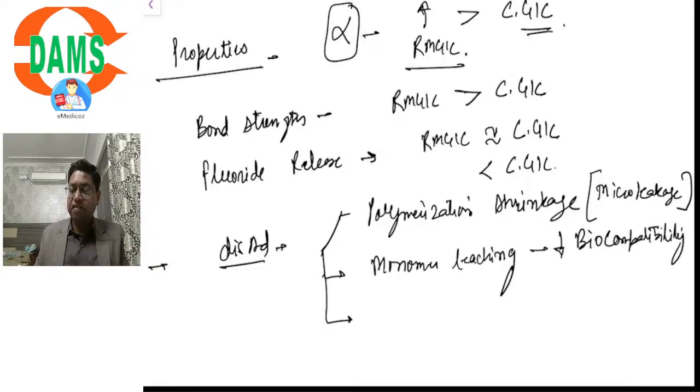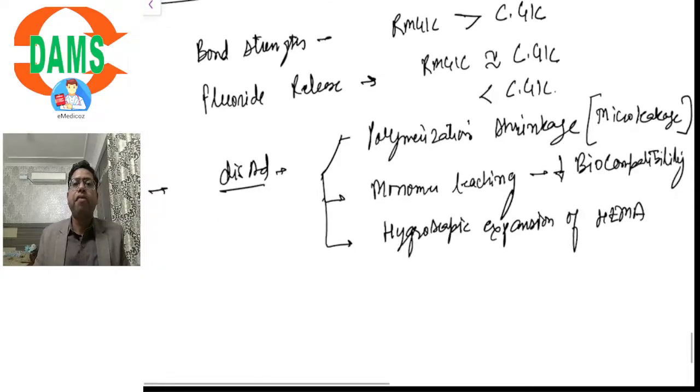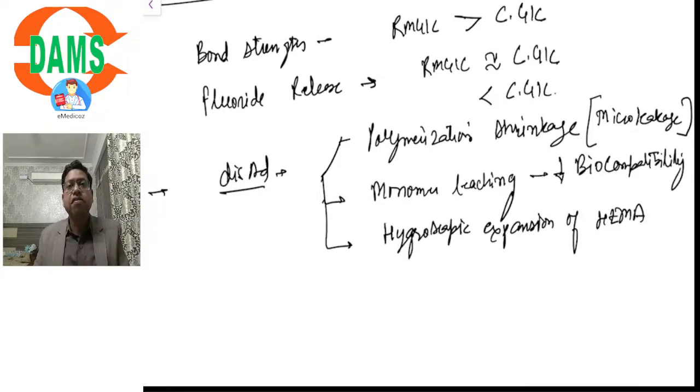Another disadvantage is the hygroscopic expansion of hydroxyethyl methacrylate. How does hygroscopic expansion occur? These restorations are done in the patient's mouth, and there is saliva present in the patient's mouth.